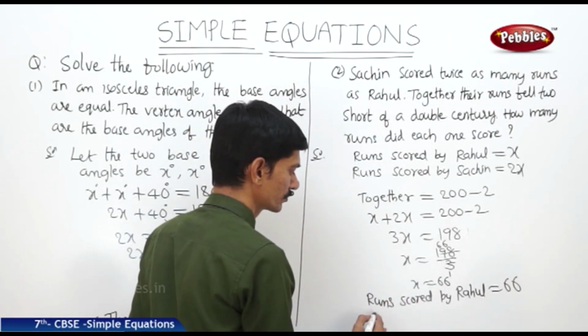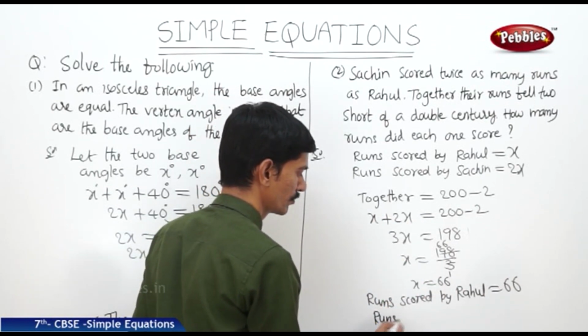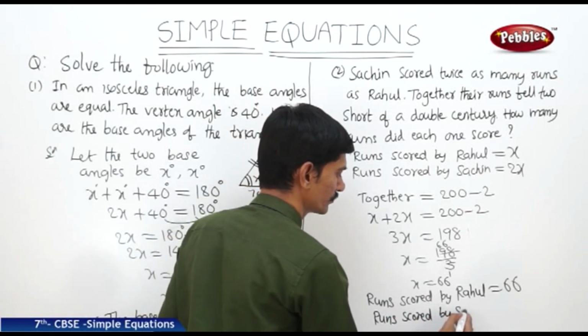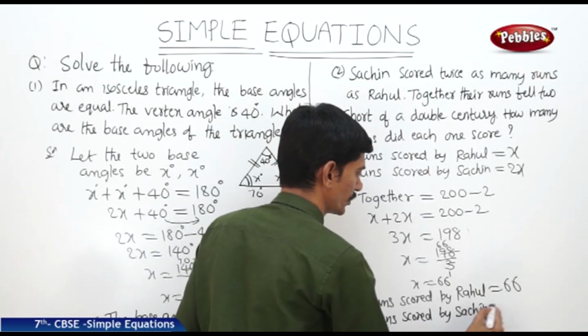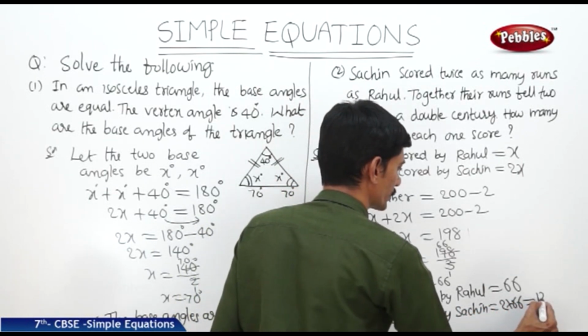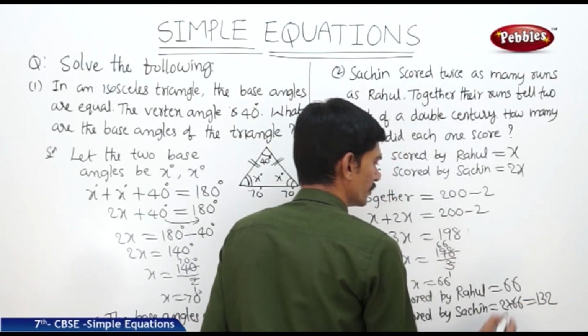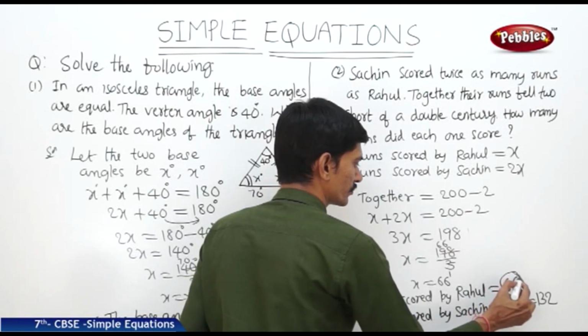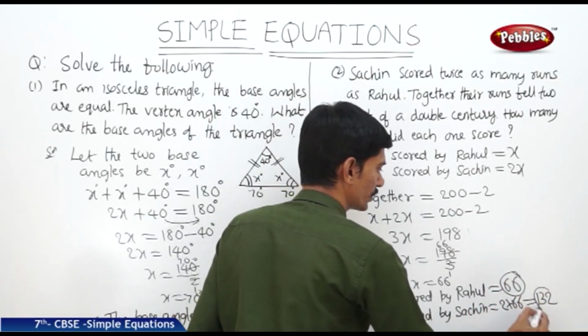It is double. So runs scored by Sachin equals 2 into 66, that equals 132. Now the runs scored by Rahul is 66, whereas runs scored by Sachin is 132.